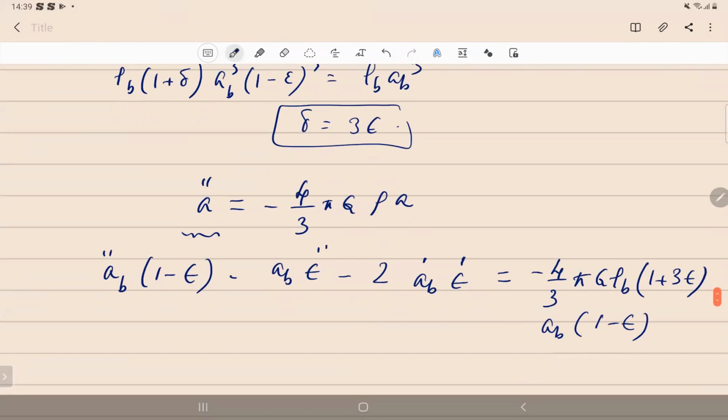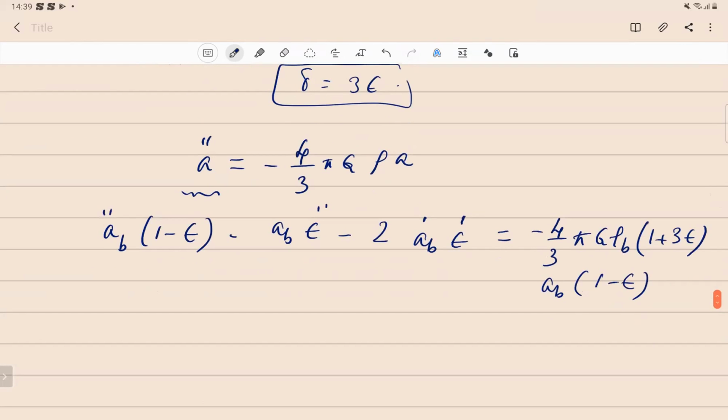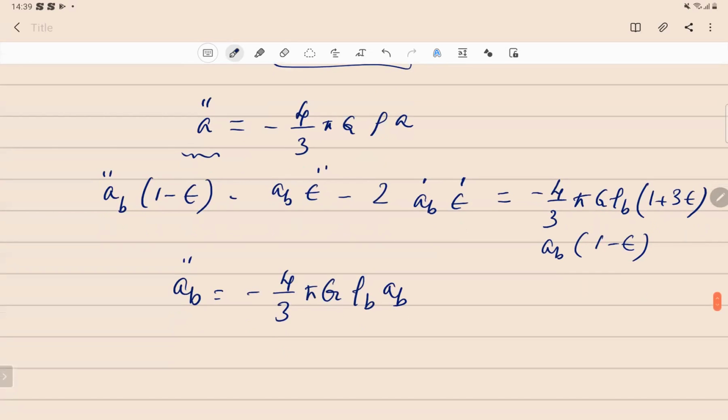And if you simplify this up to linear order, this is linear everywhere, in fact. You also know that A background double dot is minus 4 by 3 pi G rho background A background, and you have to substitute that.